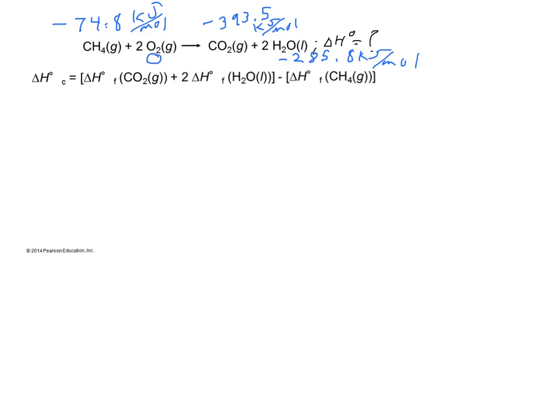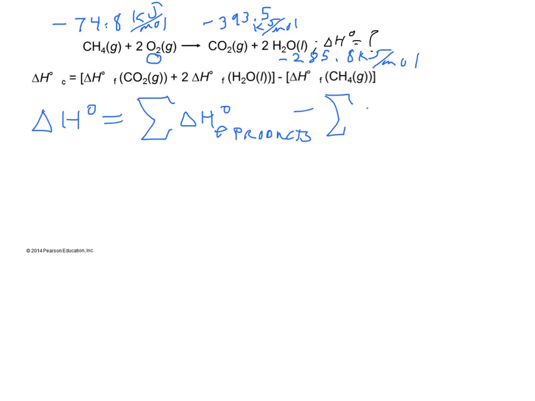Our formula, as always, is the change of enthalpy of formation for a reaction is equal to the sum of the enthalpy of formations of the products minus the sum of enthalpies of formation of the reactants.